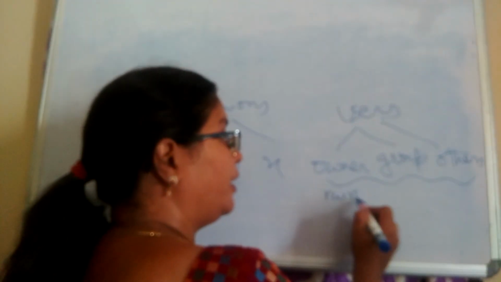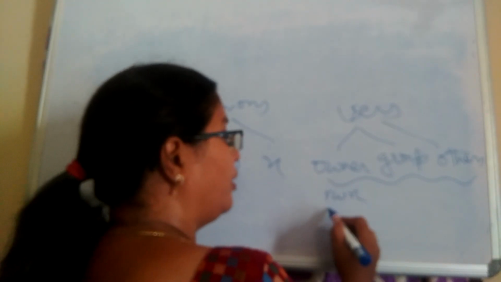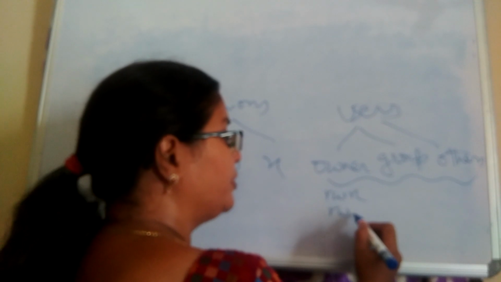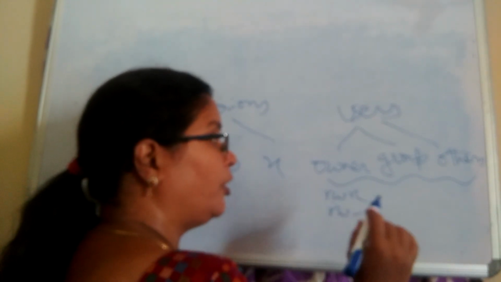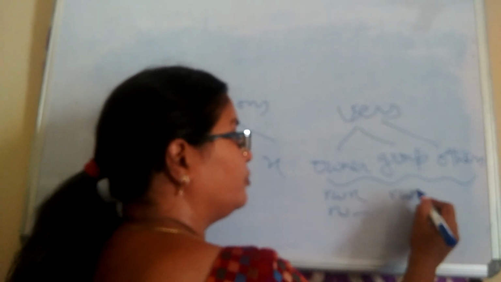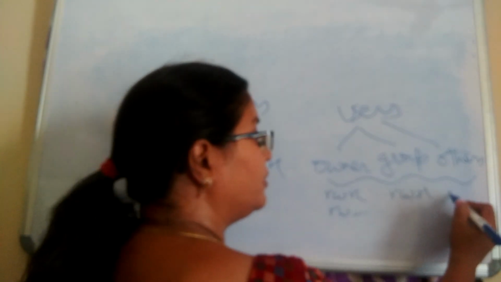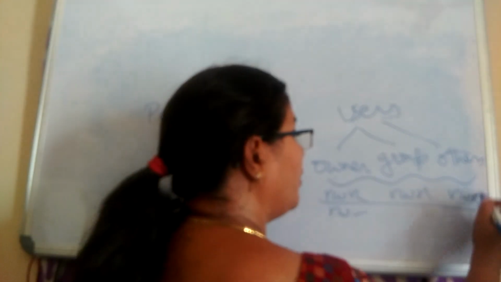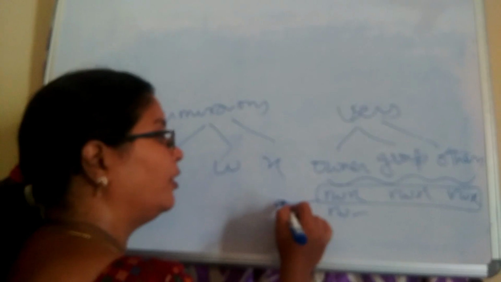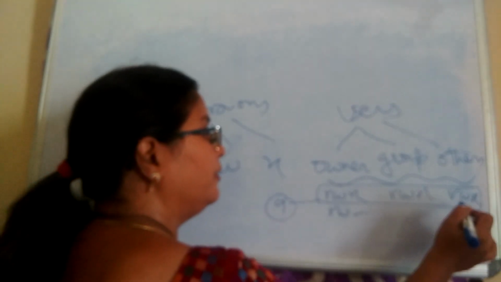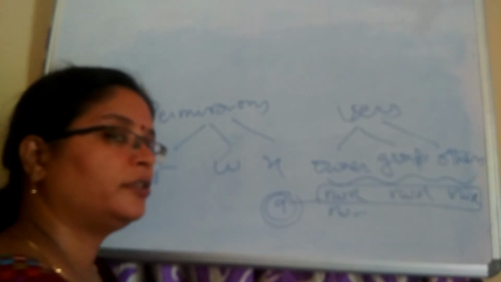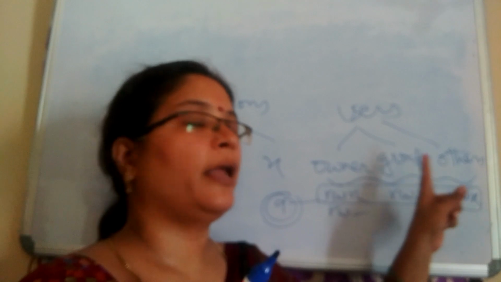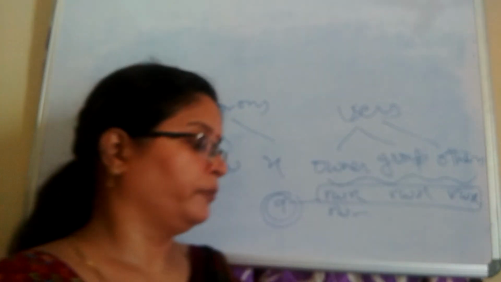The owner can have read, write and execute permissions, or may not have all of them. For example, only read permission, with write and execute permission not there. Similarly, the group can have read, write, execute permissions, and others can have read, write, execute permissions. Totally, for a file we have 9 permissions: 3, 3, 3. Totally 9 permissions will be there for each and every file, for the user, for the group and for others.